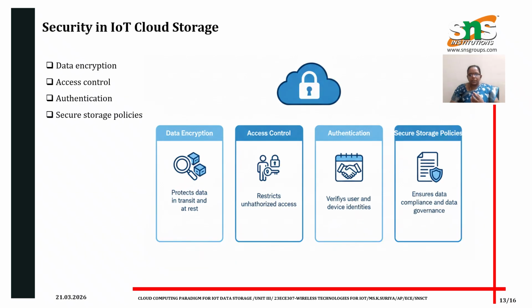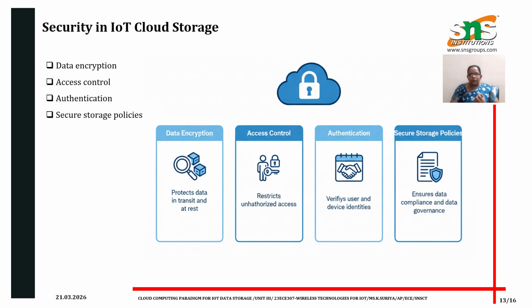So next one is the security in IoT cloud storage. So it plays a major concern because IoT data may include sensitive information. To protect the data, several measures are used. So data encryption ensures that the data is secure during the transmission and storage.